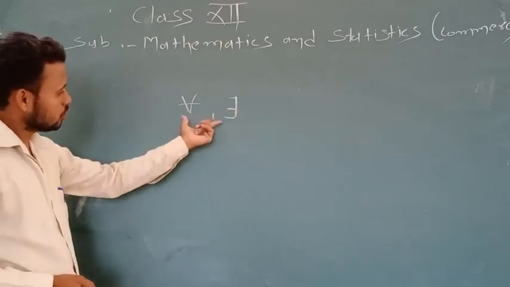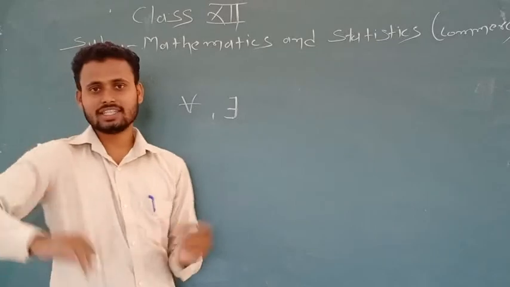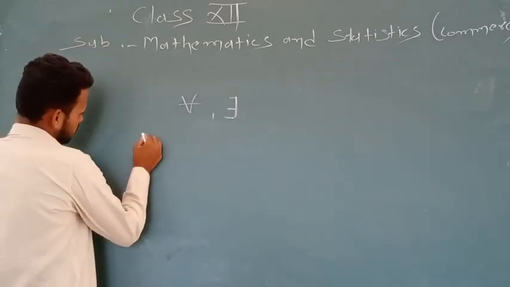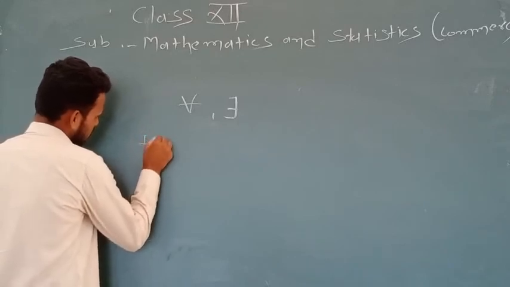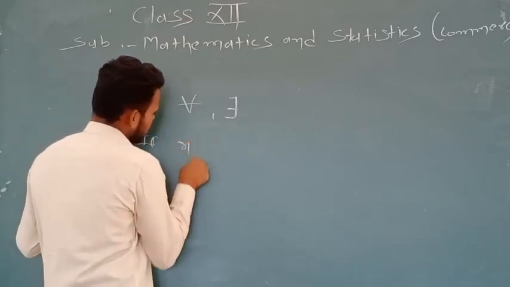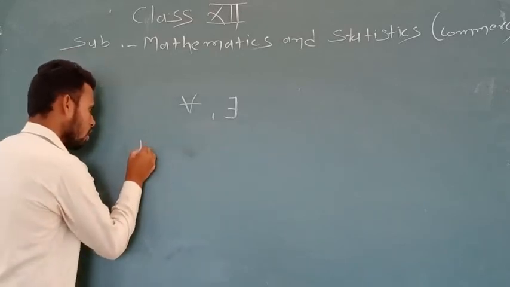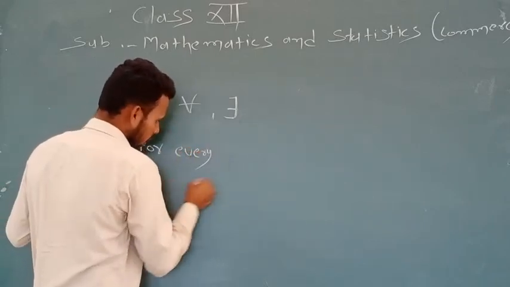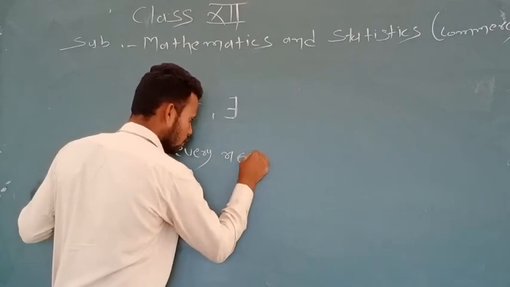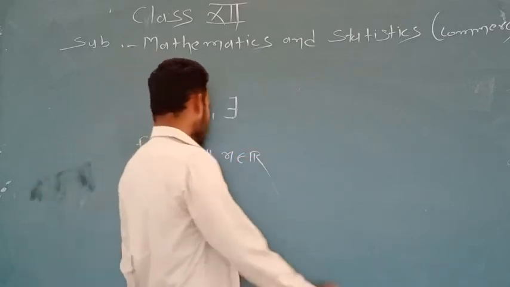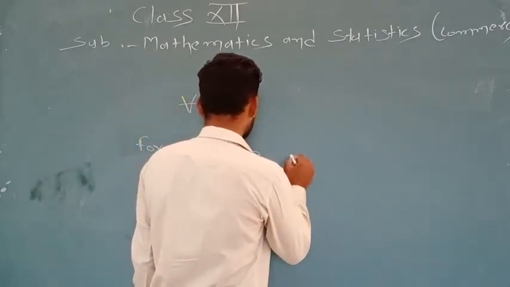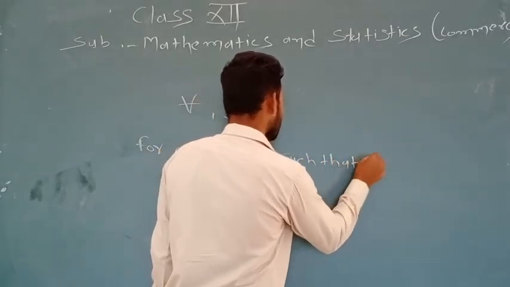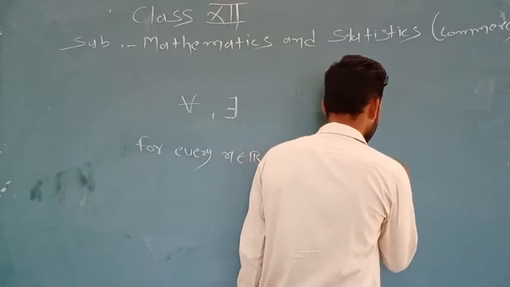Now we use these two symbols to convert a sentence into mathematical form. For example, for every x belongs to real number such that x square is non-negative.